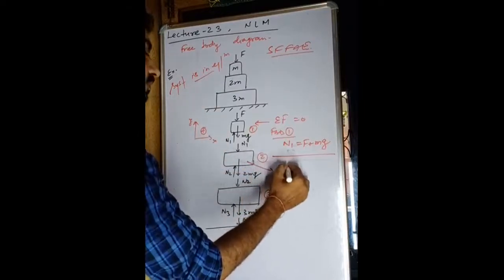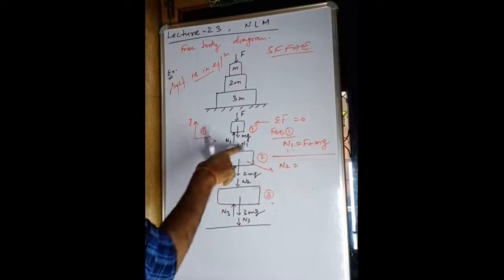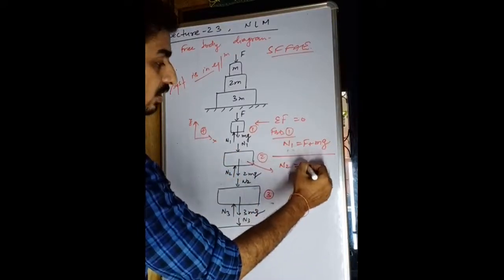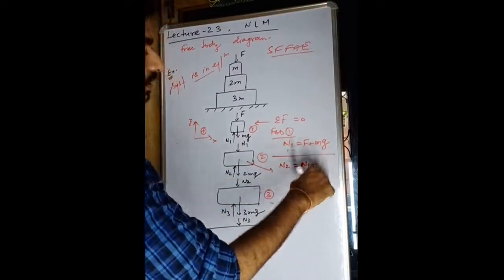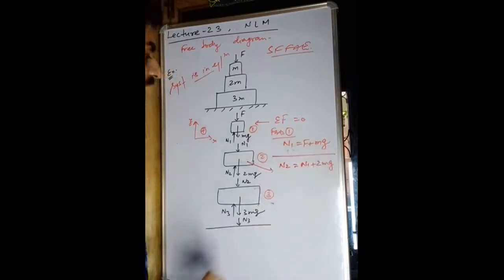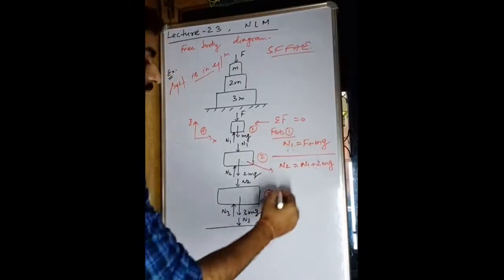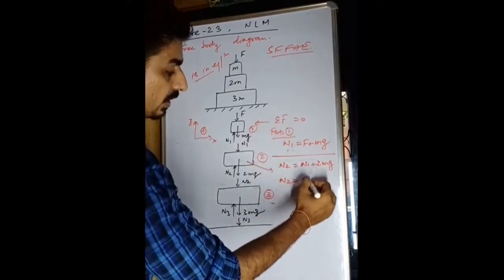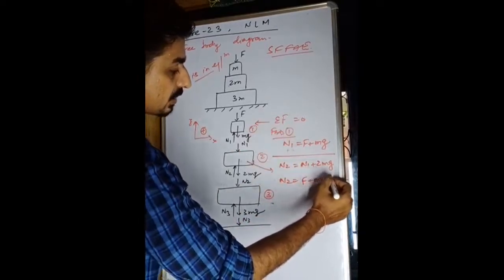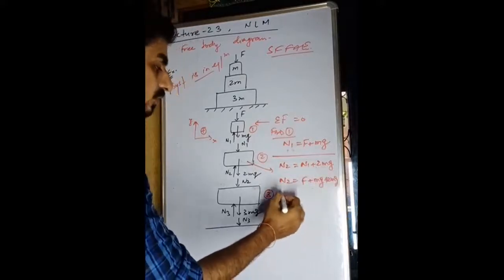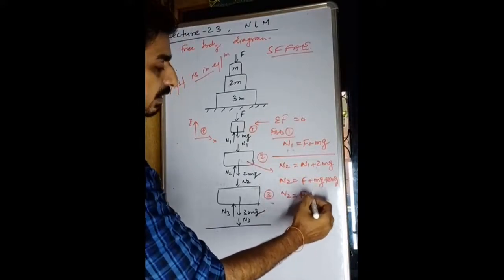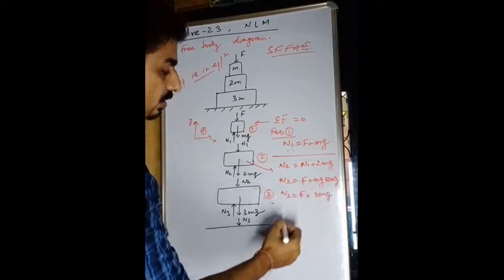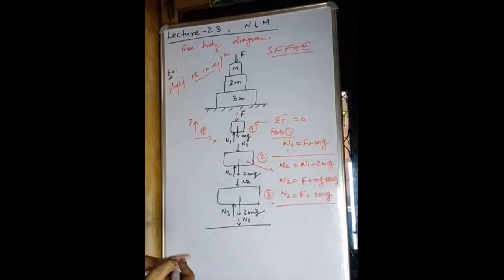It equals the downward forces, N1 plus twice mg, not more than that. Now, my dear students, you can put the value of N1 from this equation, F plus mg, and we already have 2 mg. So N2 we can write as F plus 3 mg.